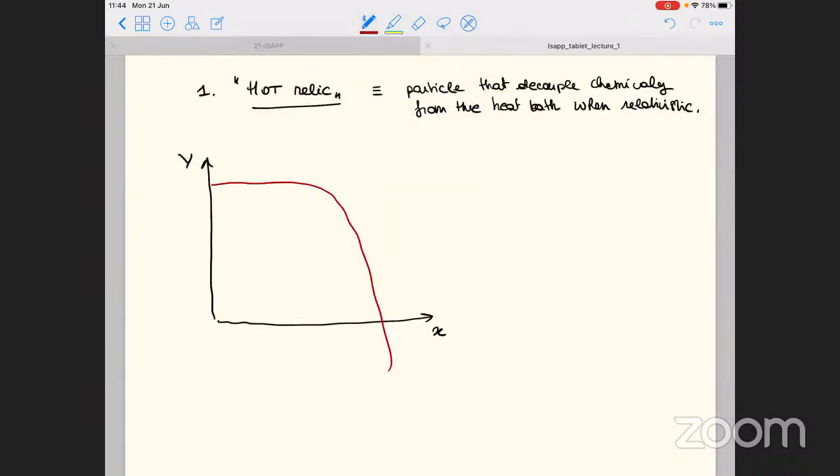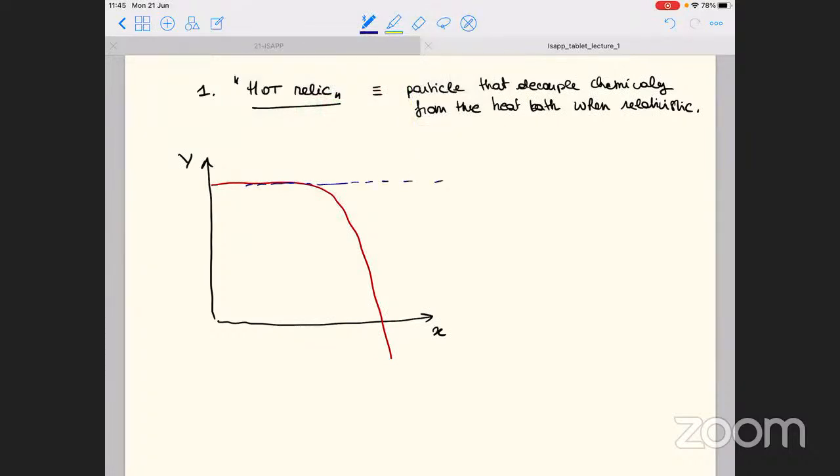While the particle is relativistic, it's essentially a constant, and if it can continue to be in fast, elastic interaction with the thermal bath, it will follow the equilibrium curve up until the end and get Boltzmann suppressed today. Now, if the particle decouples while it's still relativistic, it decouples in the situation where we are here.